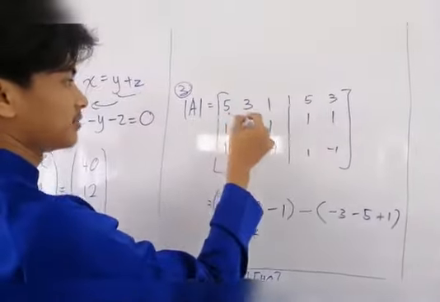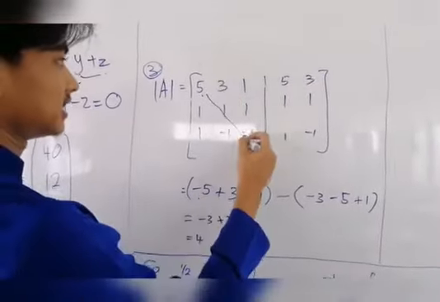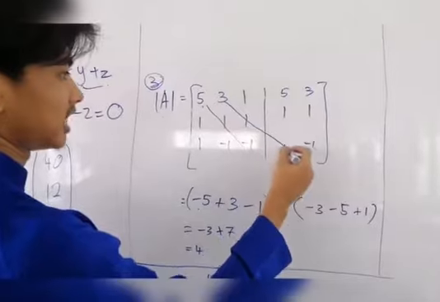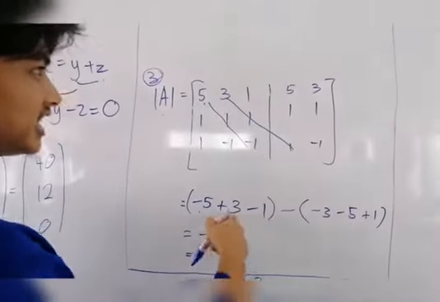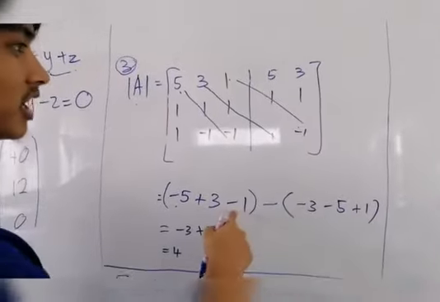So 5 times 1 times negative 1 will be negative 5. 3 times 1 times 1 will be 3. 1 times 1 times negative 1 will be negative 1.